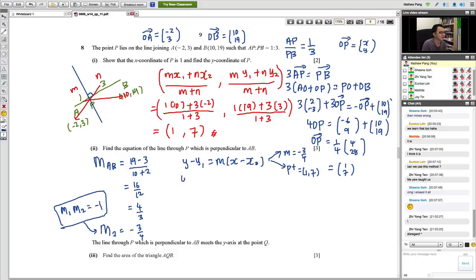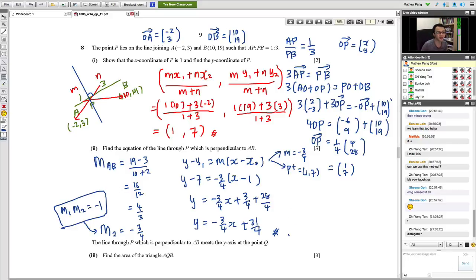So y minus 7 equals negative 3 over 4 times x minus 1. So y equals negative 3 over 4 x plus 3 over 4 plus 7. 7 I change to the same denominator, which is 28 over 4. So y equals negative 3 over 4 x plus 31 over 4. Okay, done.